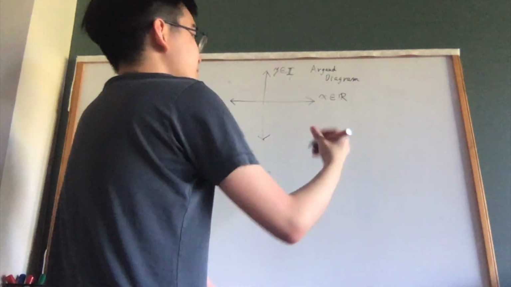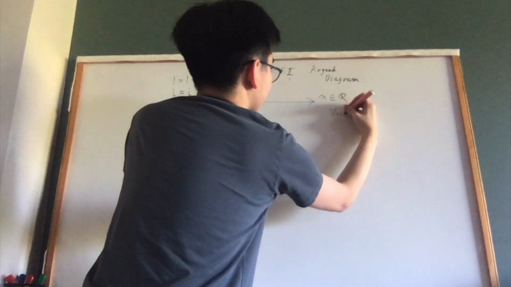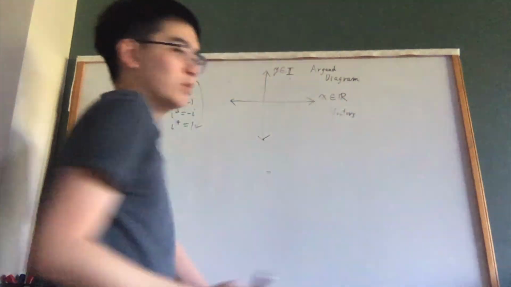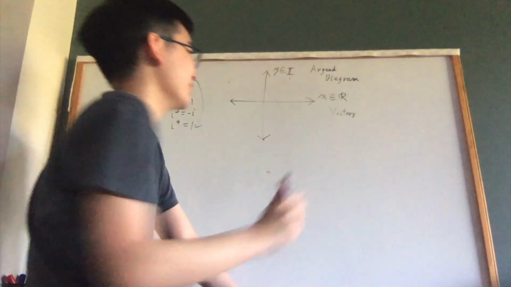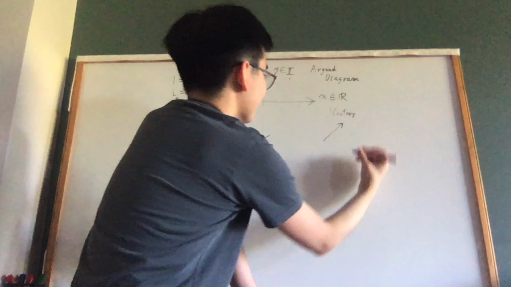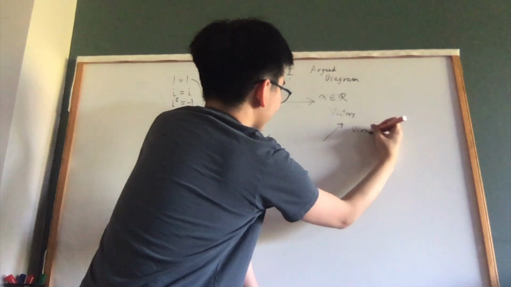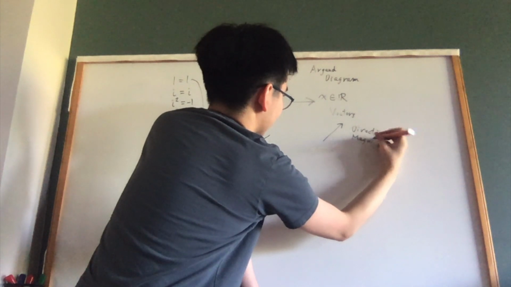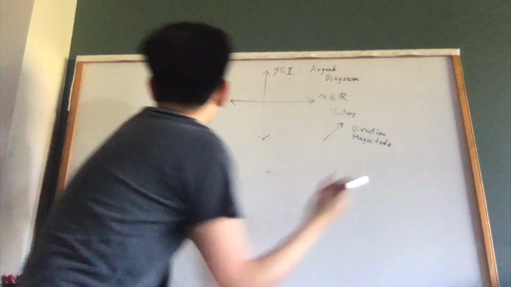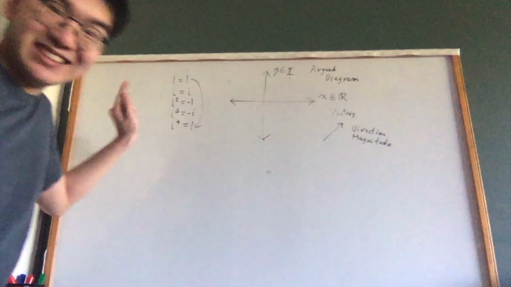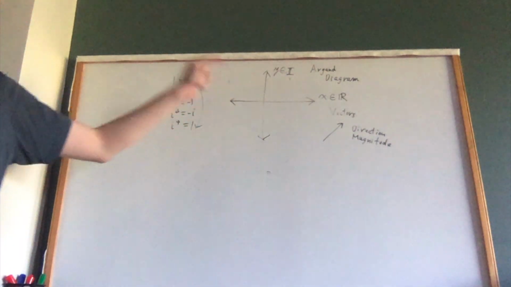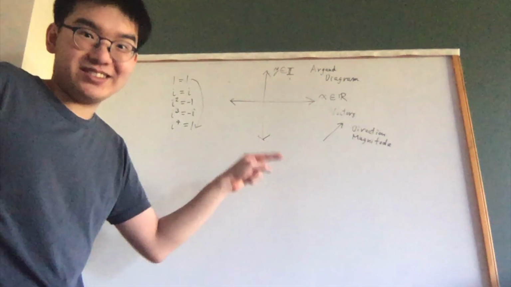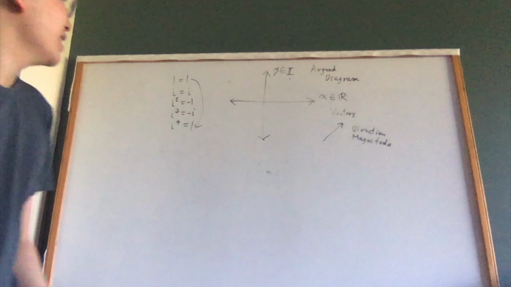And now using vectors, which in a pseudo-Euclidean sense are just arrows with direction and magnitude, I can represent these imaginary numbers under the two-dimensional Argand diagram.